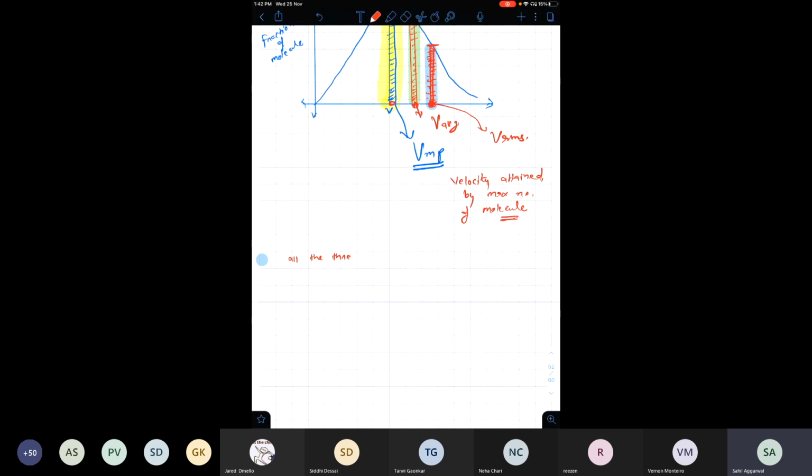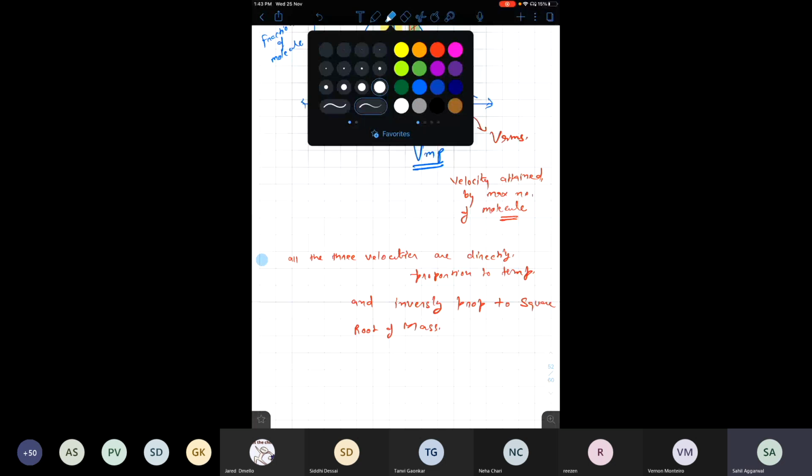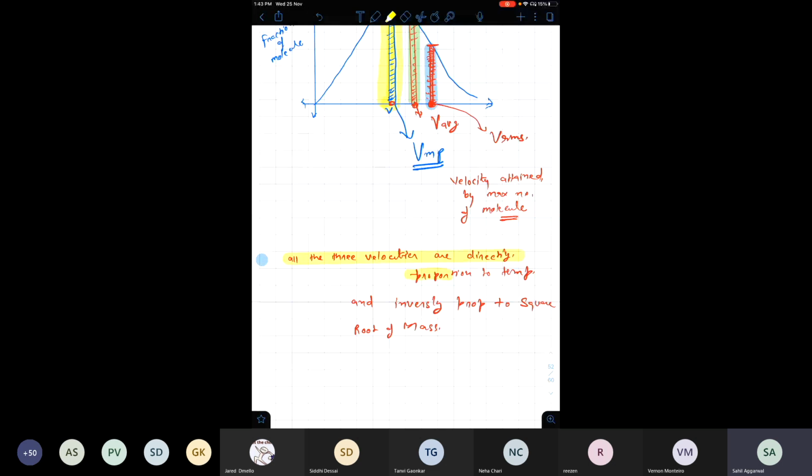All the three velocities are directly proportional to the square root of temperature and inversely proportional to the square root of mass. Understood?